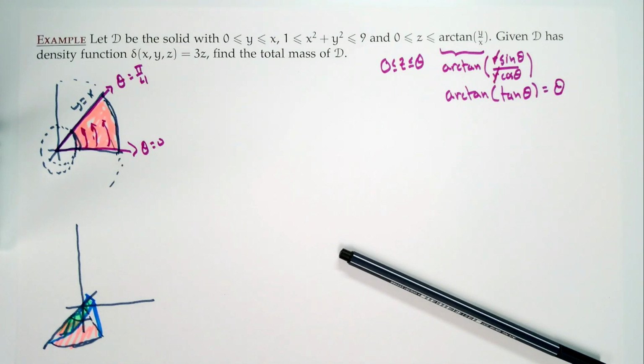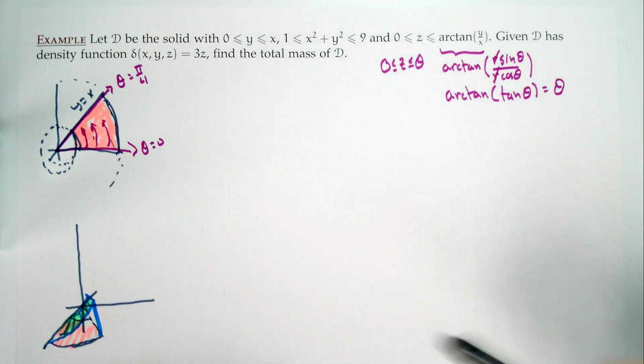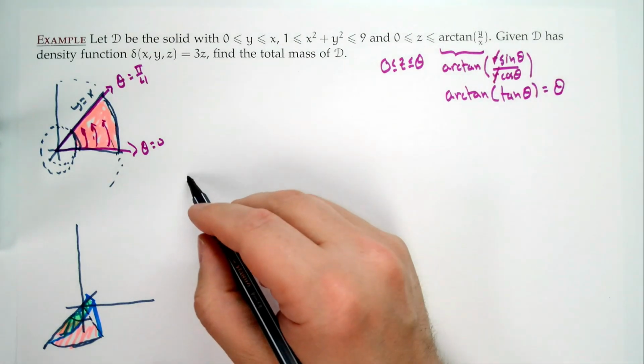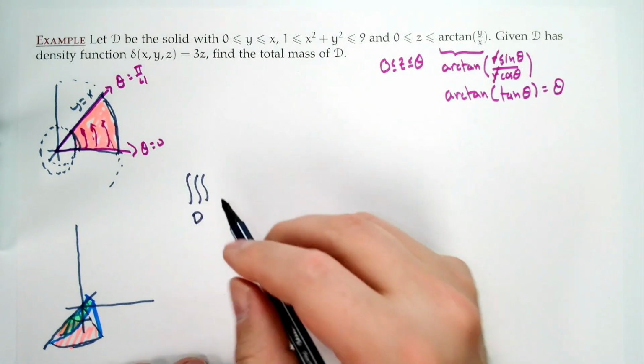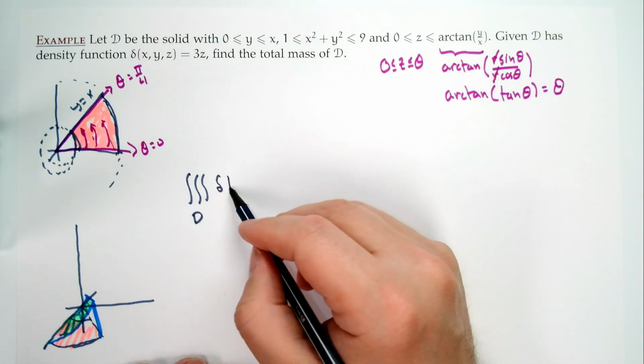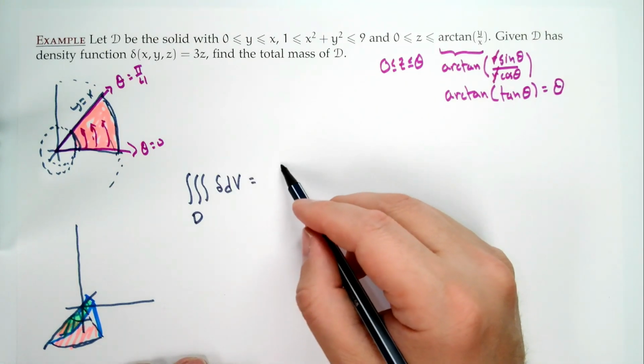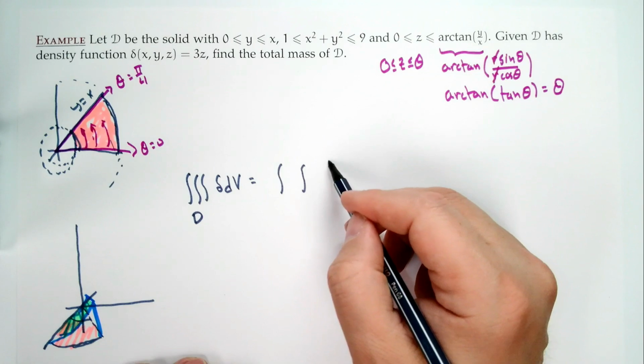We're asked to find the total mass. So finding total mass means we need to integrate density. So we're going to integrate over our solid, which is now called D, our density, dV. So this is going to become the integral. Give ourselves some space to write our bounds.